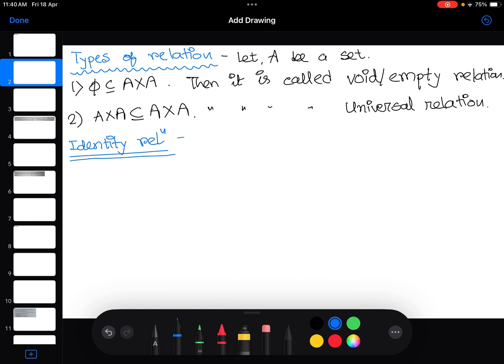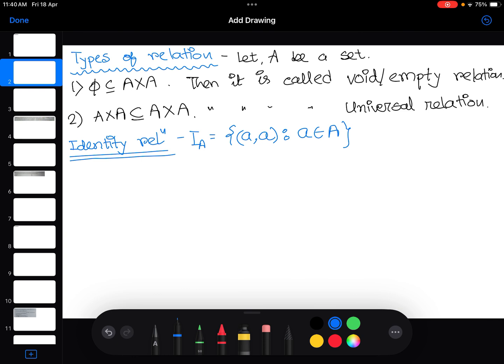So what do we mean by that? We have the set A. Let the identity relation be defined as I_A. This is called an identity relation.